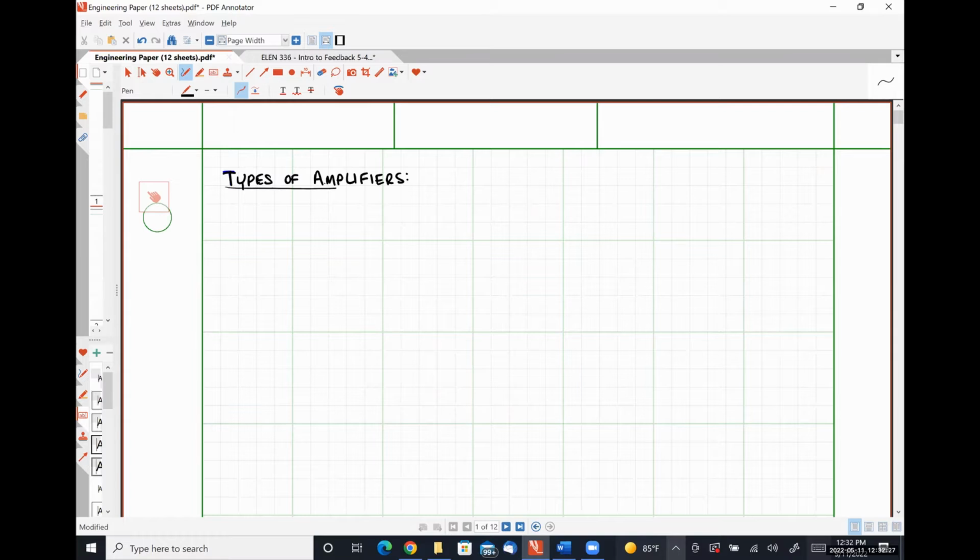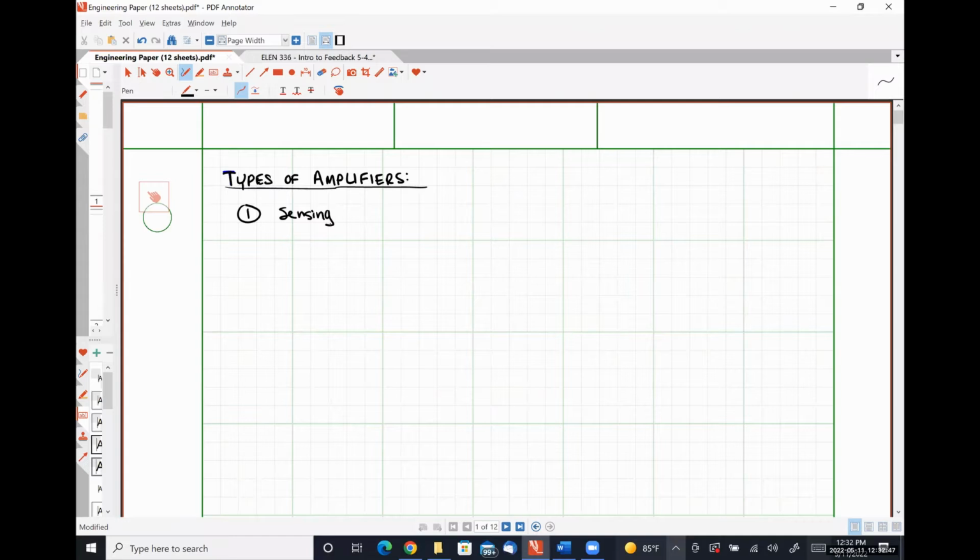And we're going to talk about how we classify. Okay? So our basic principles are how we sense signals at the output, and then how we mix or return signals at the input.